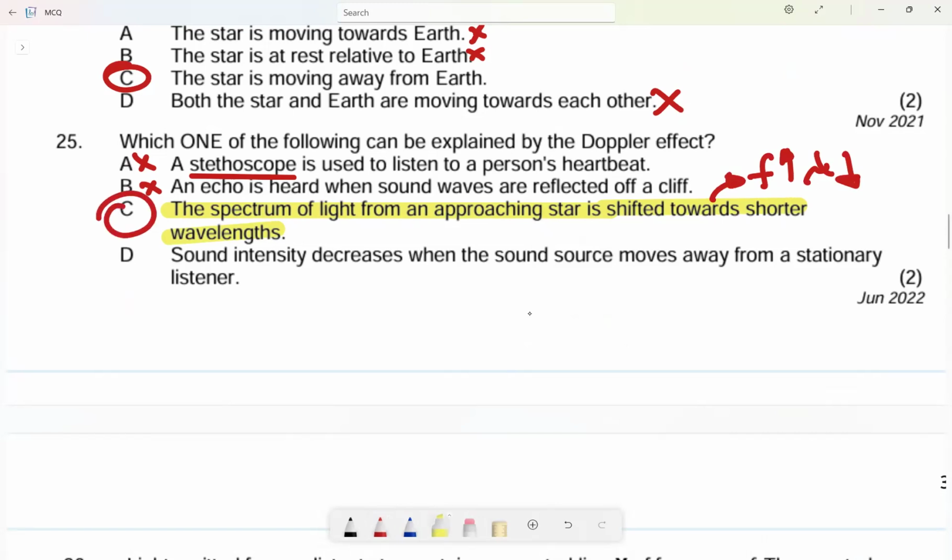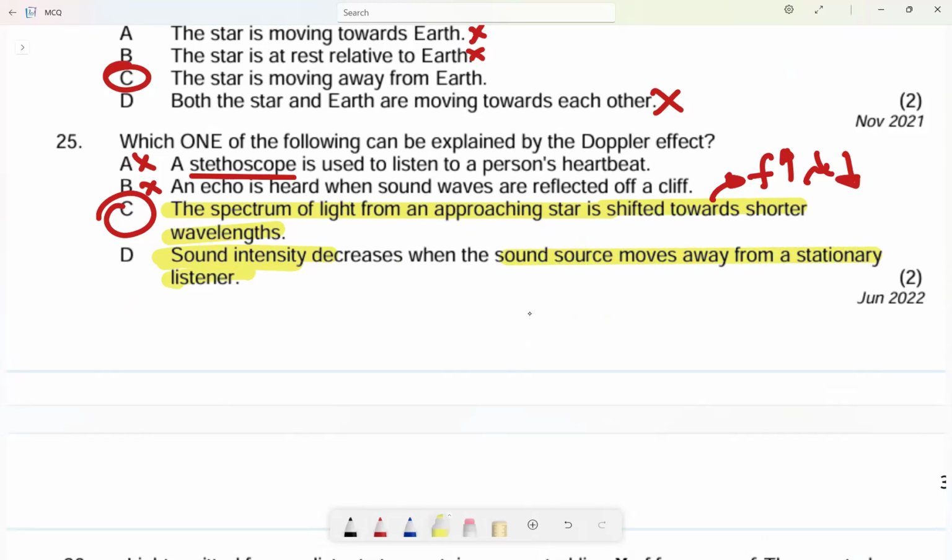Sound intensity decreases when the sound source moves away from a stationary listener. Now, we do not understand what the examiner means here, but let me repeat that. The sound intensity decreases when the sound source moves away from the listener.